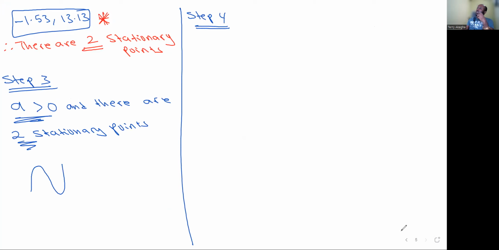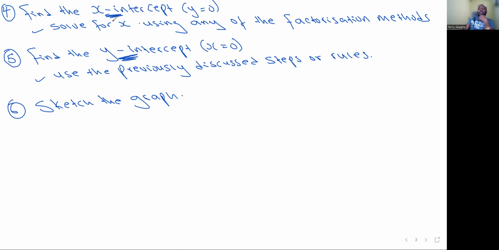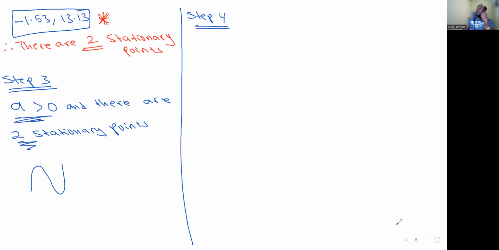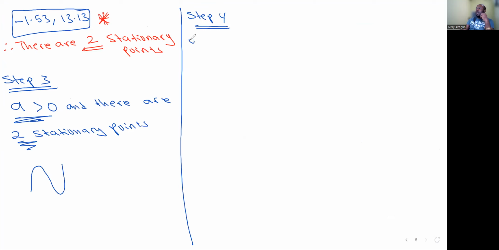Okay. So step 4. We need to find the x-intercept, all right? We need to find the x-intercept. Now, in this case, what happens at x-intercept? Y is equal to 0. So we already have y is equal to x cubed minus 7x plus 6.